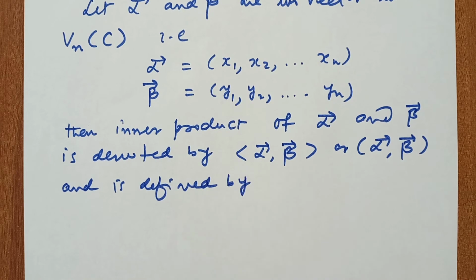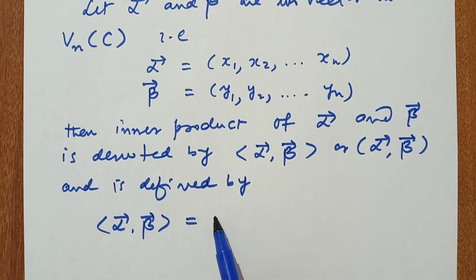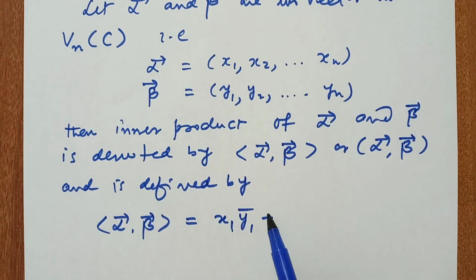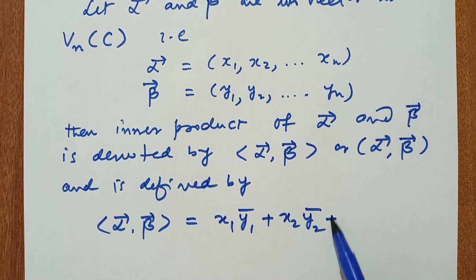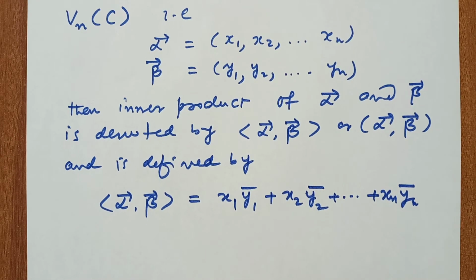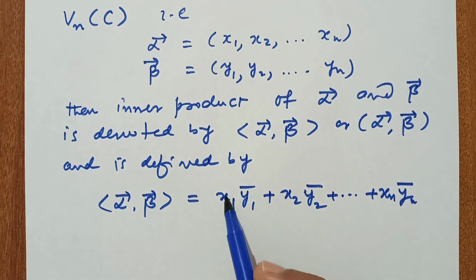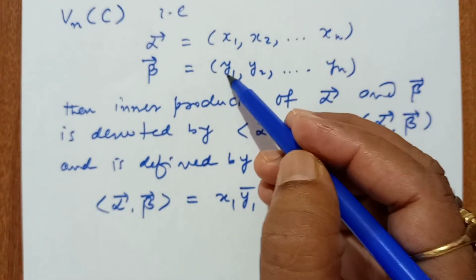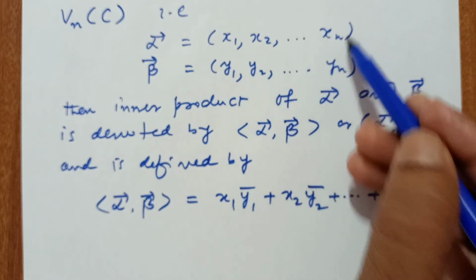what is the definition? The inner product of alpha and beta equals x1 y1 bar plus x2 y2 bar plus up to xn yn bar. As we know, inner product is a generalization of dot product. In the case of dot product we have x1 y1 plus x2 y2 plus up to xn yn.